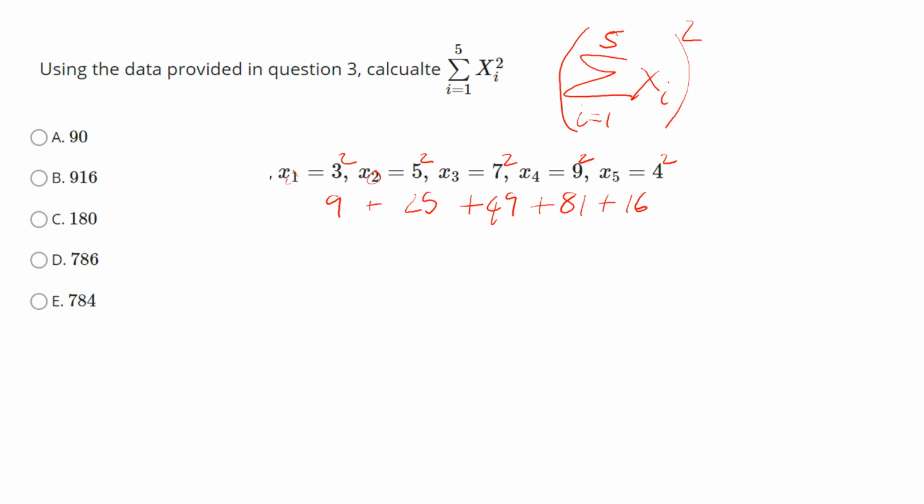Now, had the question specified the summation like this, then you would have simply taken the sum of the original values, 3 plus 5 plus 7 plus 9 plus 4, and then at the end squared the solution. So remember that distinction.